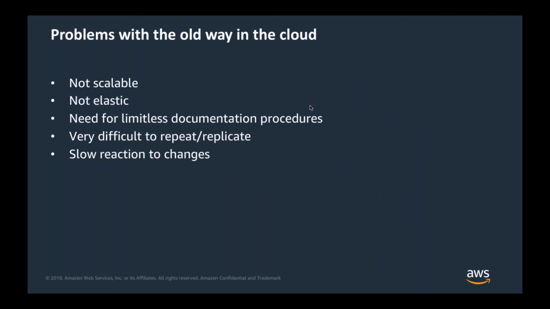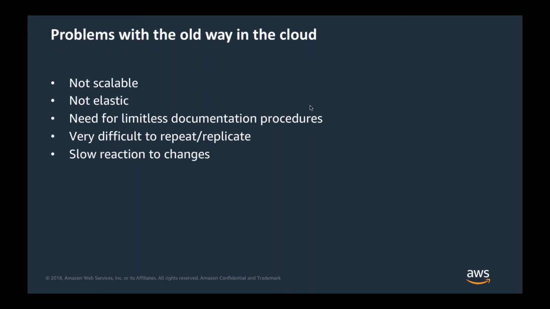The problem with using the old way in the cloud, right? We like to talk about the cloud as something quite scalable, very elastic. It can adapt to a lot of things. And if we approach this the old way with a lot of clicking, that's not scalable. If Bob configures his instances once, he would have to do it for each new instance.